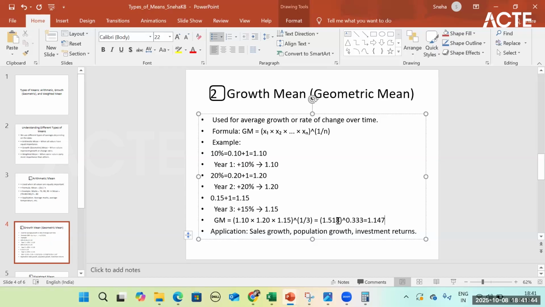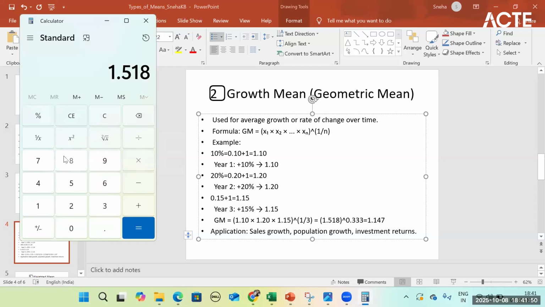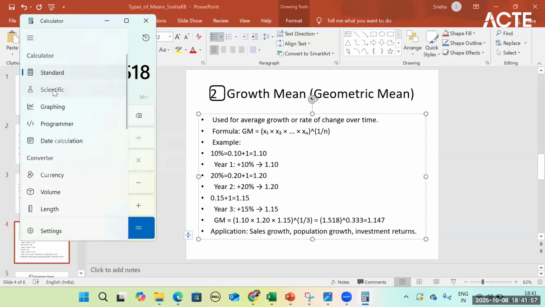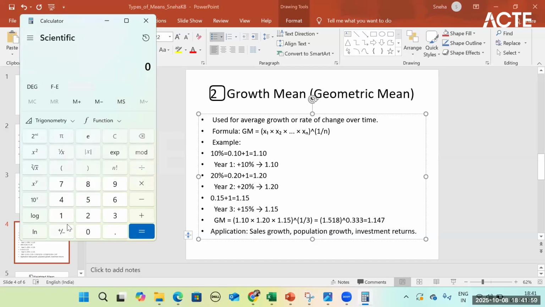There is no power symbol in this calculator. In the scientific calculator only I did, ma'am.